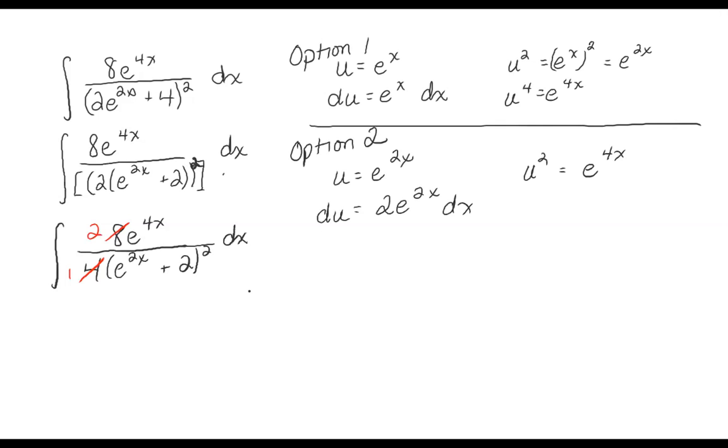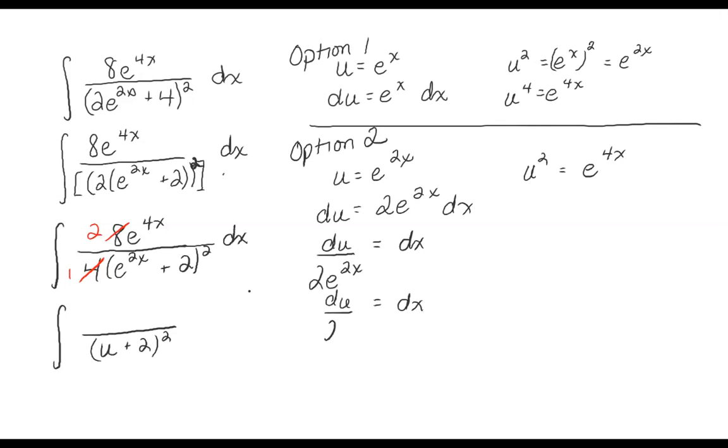All right, so now I'm going to try option 2 and see if it works. u is e to the 2x, so my denominator is u plus 2 quantity squared. du was 2e to the 2x dx, so dx is du over 2e to the 2x, and that's du over 2u.